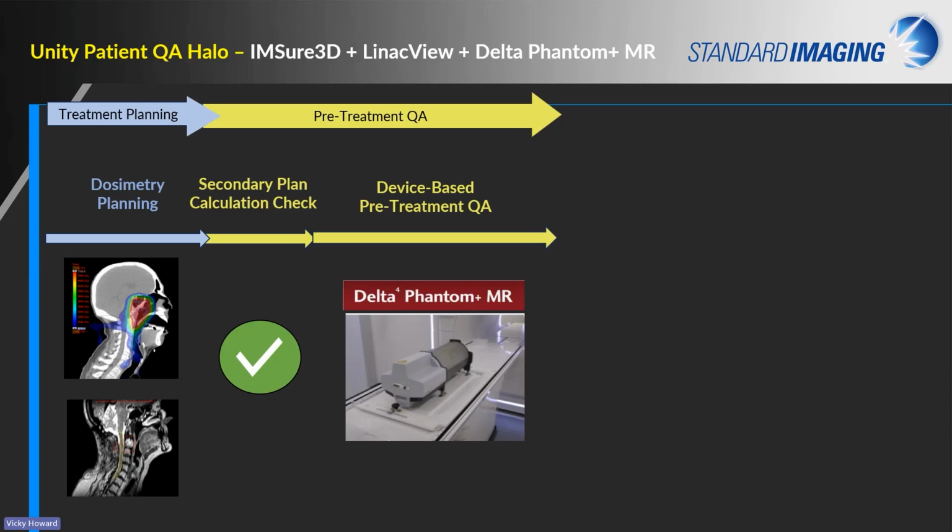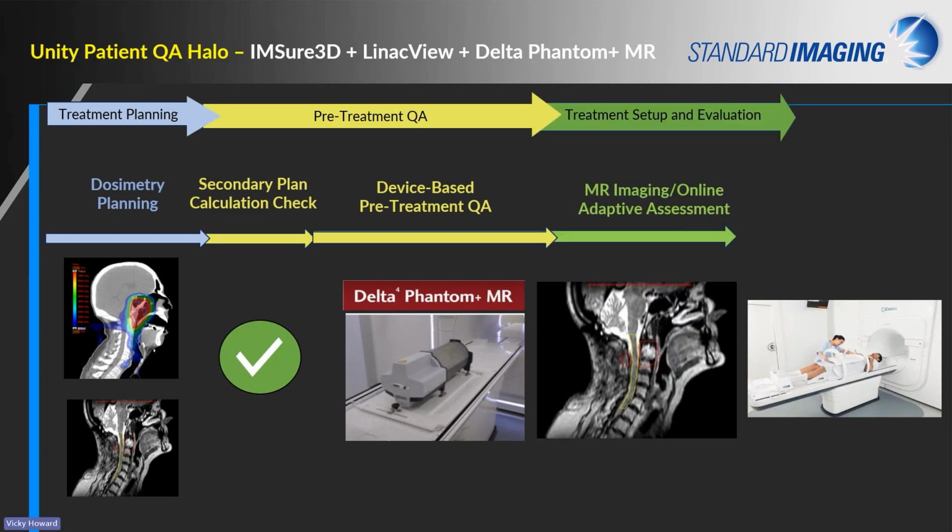So in this case, you would do your traditional secondary plan calculation check and very likely a device-based pre-treatment QA. Once that is approved, it then moves on to the first fraction setup and treatment evaluation. And with the Unity, that's where MR imaging and online adaptive assessment happens.